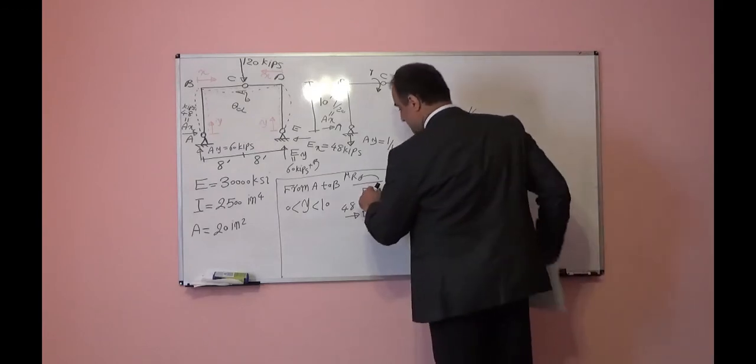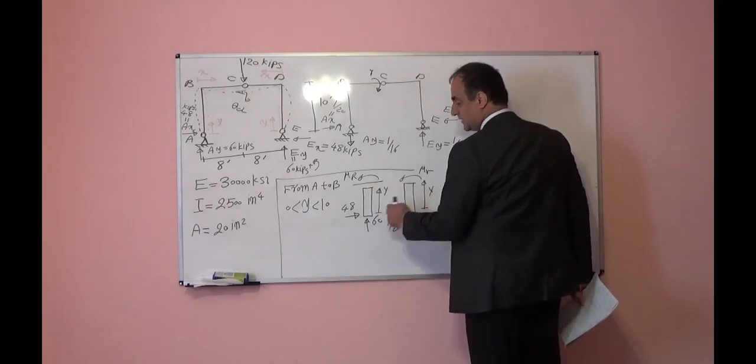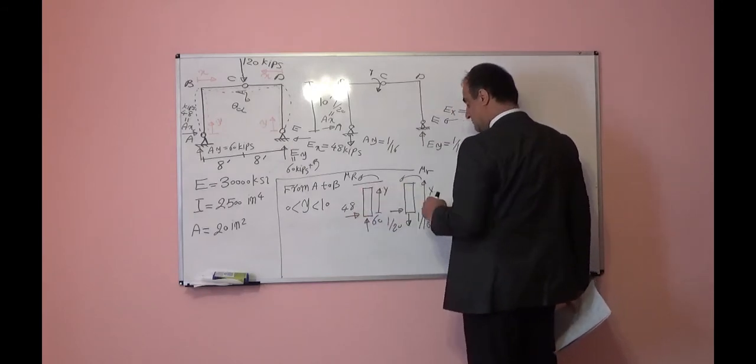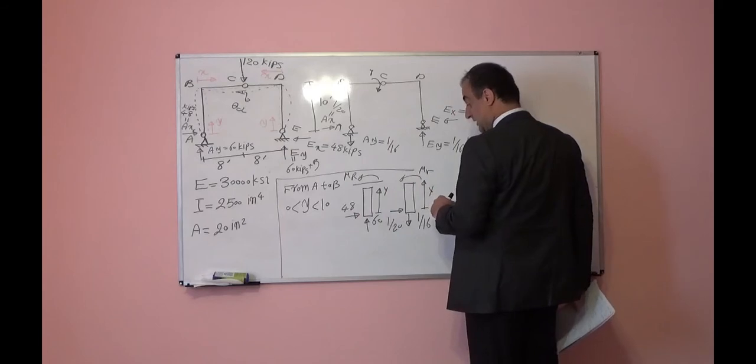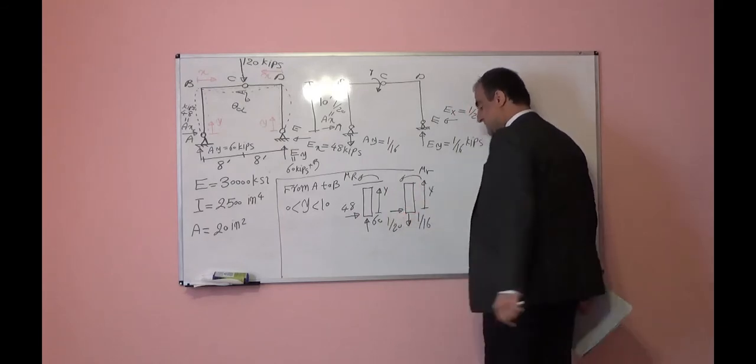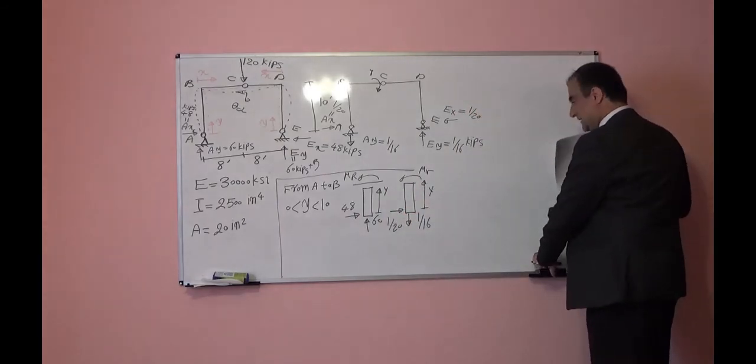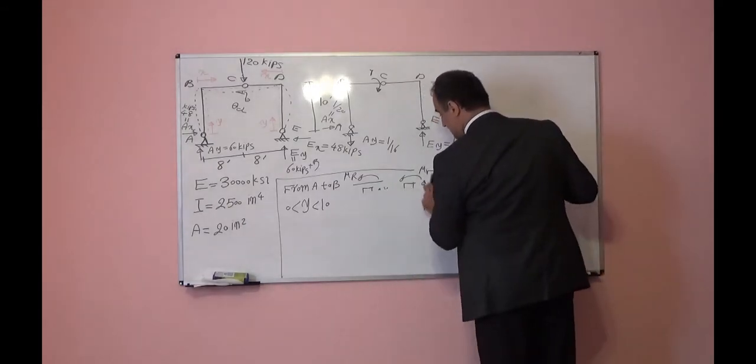Because if I take moment with respect to here, MR plus 48 times Y is equal to 0, MV plus 1/20 times Y is equal to 0. If I take the other side, it will be negative.